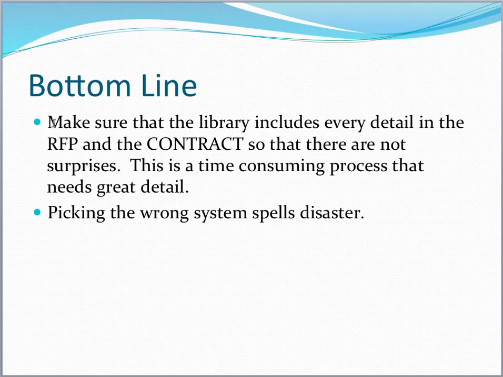So everything has to be spelled out very clearly there, and in the contract, so that there are no surprises, because you don't want any surprise. You're committing to a new system, a new implementation, and you expect the vendor to fulfill your expectations. So everything has to be spelled out in the contract.